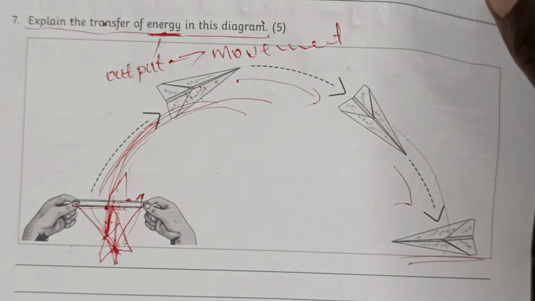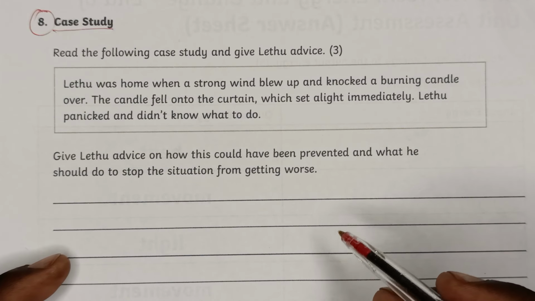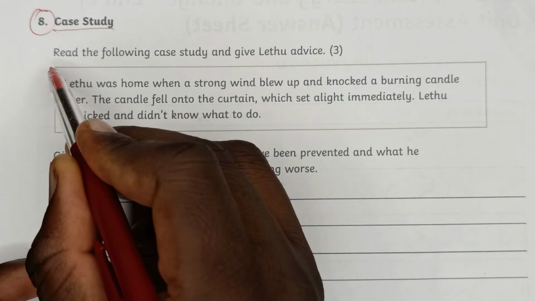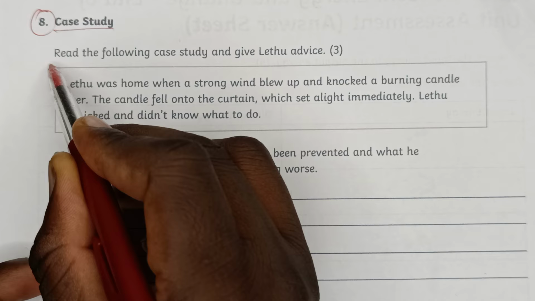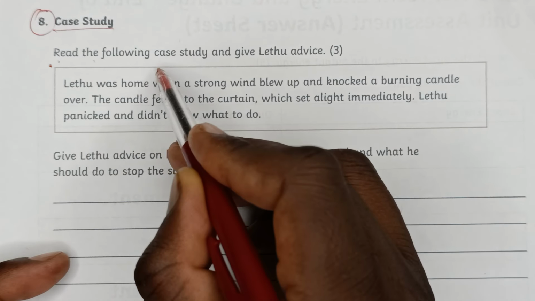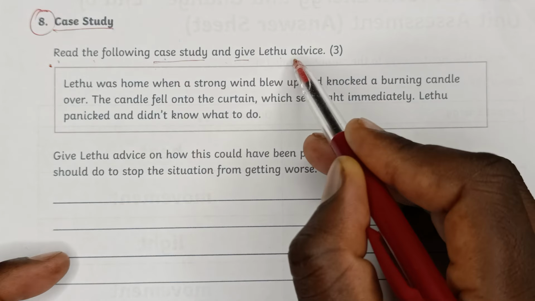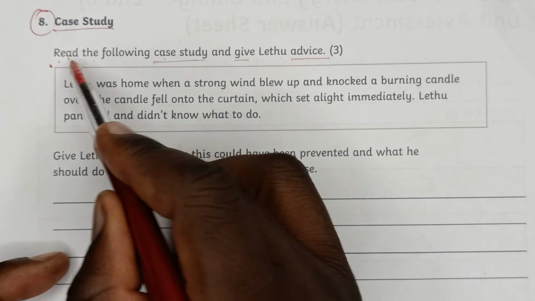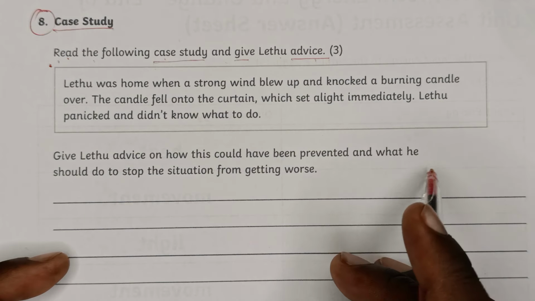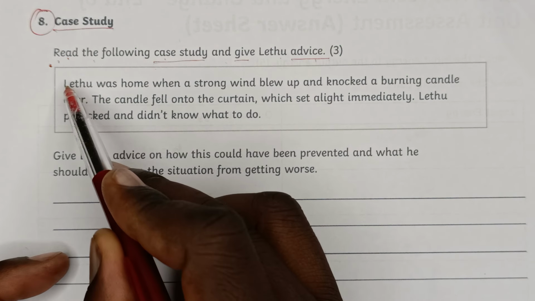Number 8 is a case study. The instruction of this question says, read the following case study and give Letu advice. So you read and you give advice. Okay, let's read.